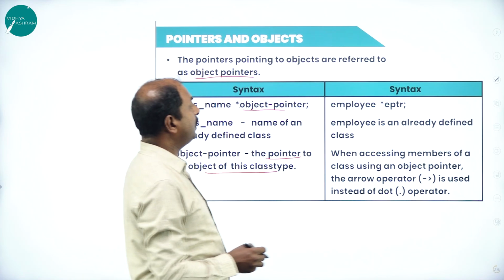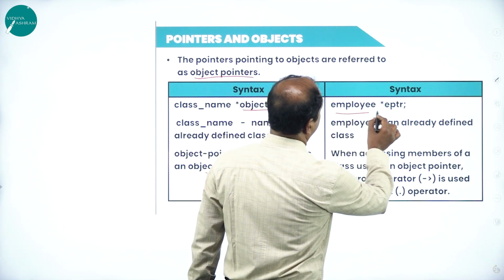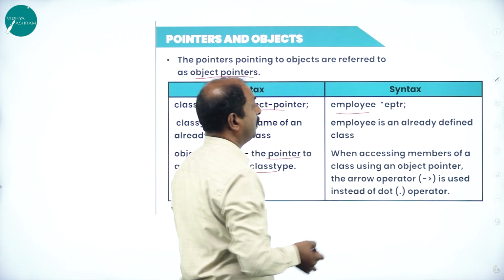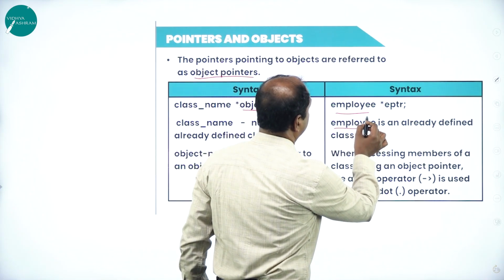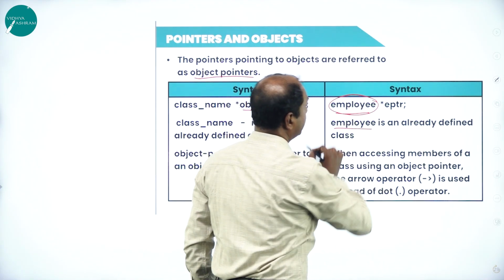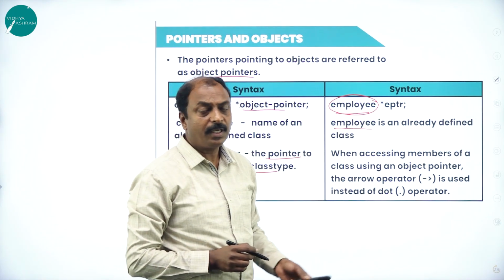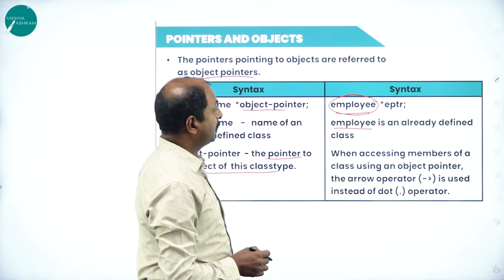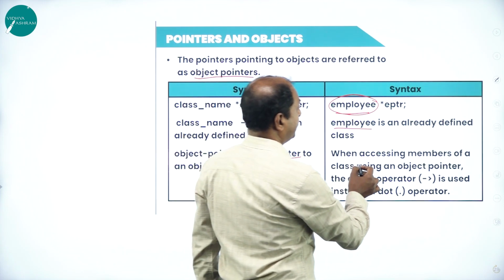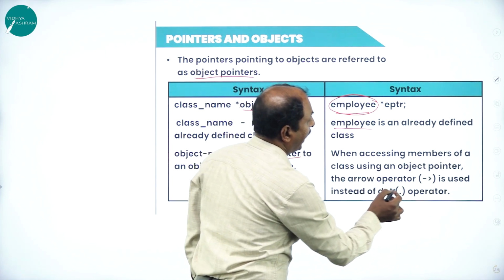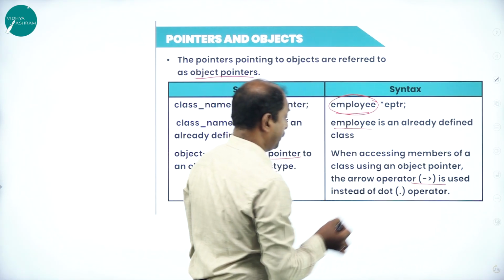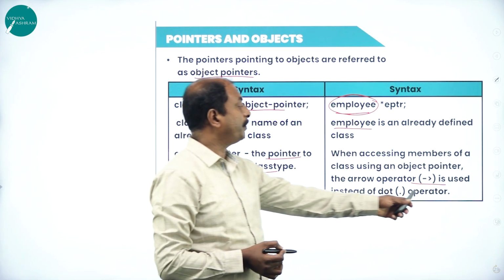Now an example: Employee *eptr. In this example, Employee is the name of the class. This is a pointer variable, or it is an object pointer here. When accessing members of a class using an object pointer, the arrow operator is used, instead of the dot operator.